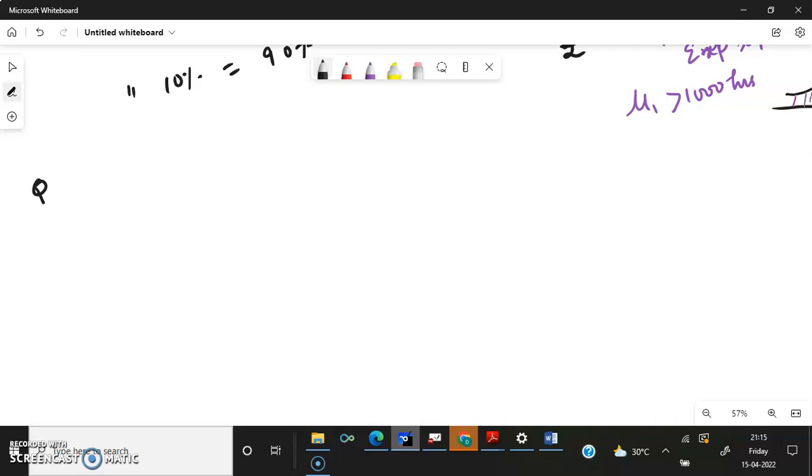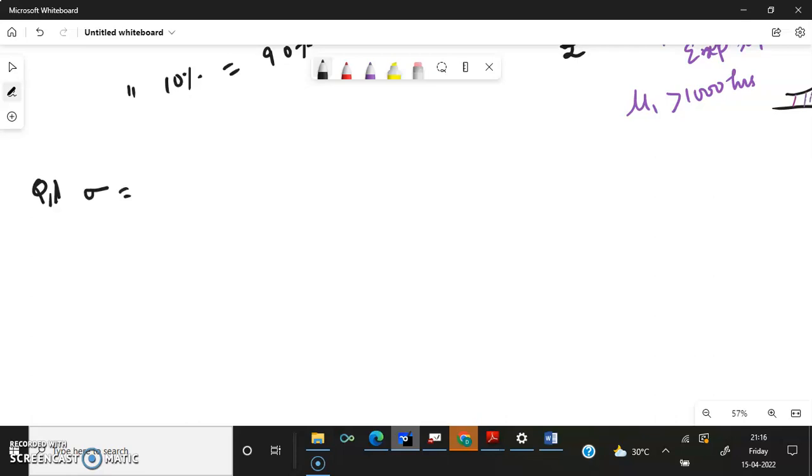We know Z alpha by 2 is 1.96. By this time you should have memorized it. X bar, the sample mean, is 90. Sample size n equal to 64. These are the things given to us. So the standard error is sigma by root n, which is 1.6 by root 64, that is 0.2. Then we use the formula and we'll check it.